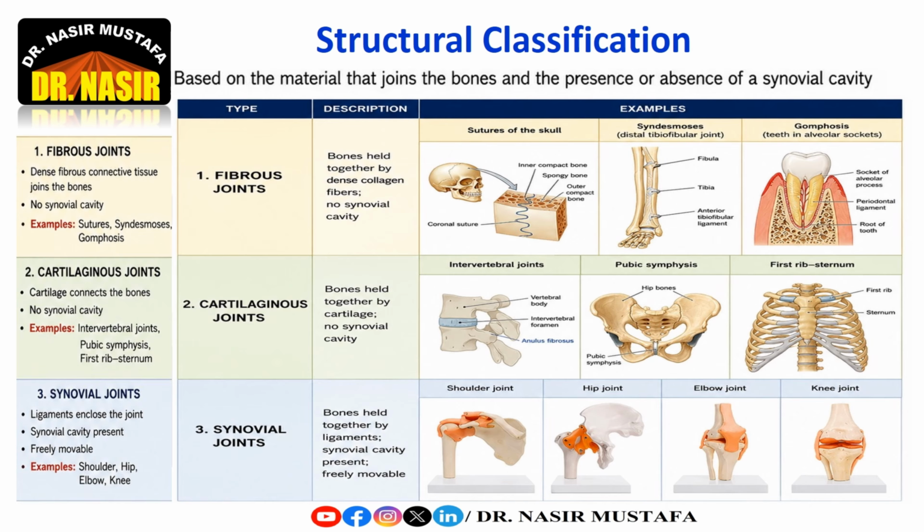Cartilaginous joints are connected by cartilage and also lack a synovial cavity. Examples are the intervertebral joints, pubic symphysis, and the first rib attaching to the sternum. Synovial joints are the most movable joints, held together by ligaments and containing a synovial cavity. Examples include the shoulder, hip, elbow, and knee joints, which allow a wide range of movement.